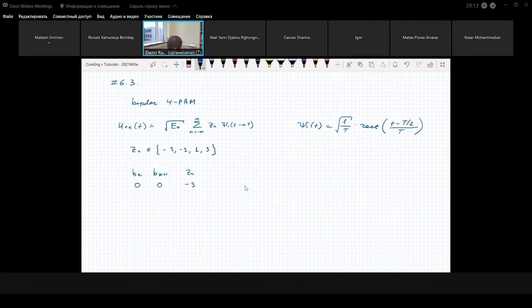If we have 1 0, then we get value -1, 1 1 will be 1, and 0 1 gives us 3. And as you can remember, for gray coding, 2 adjacent states have difference only in 1 bit.